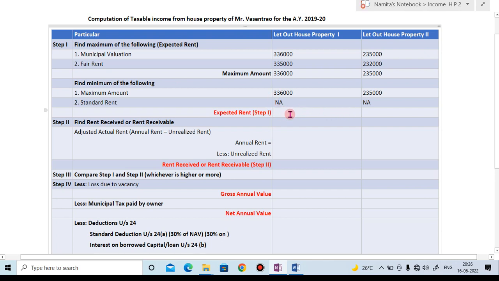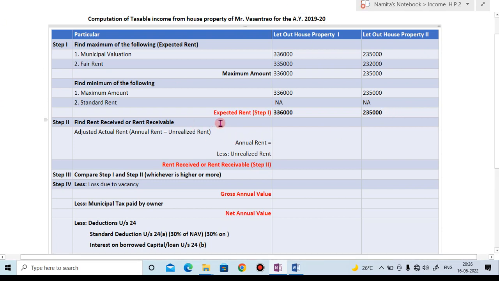So the maximum amount between municipal valuation and fair rent is municipal valuation. So 3,36,000 is the expected rent for house number 1. Now for house number 2, 2,35,000 is the maximum amount, because the maximum rent is the same.